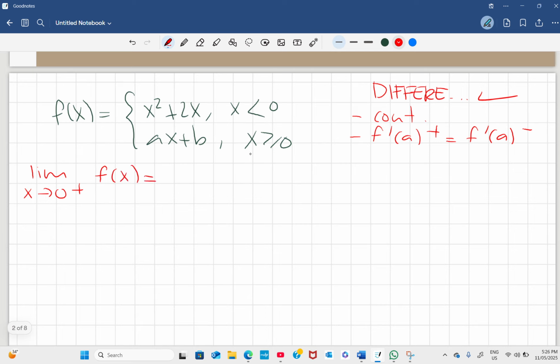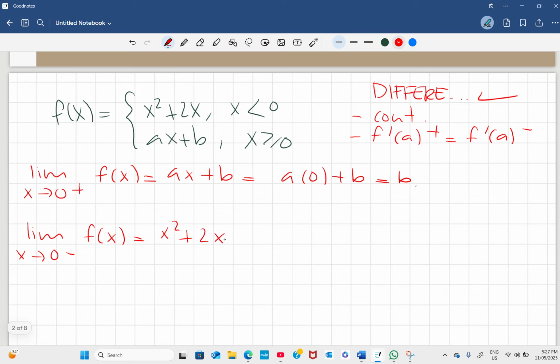This one, ax plus b. I'm going to substitute for x, so it's just going to give me b. Now I'm going to find the limit as x approaches 0 minus of f of x, which is x squared plus 2x. It's going to be 0 squared plus 2 times 0, which is equal to 0.